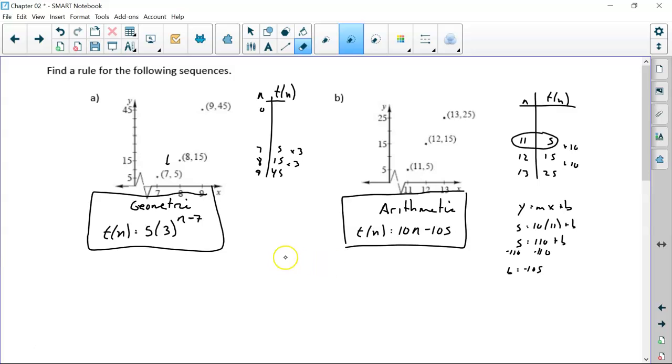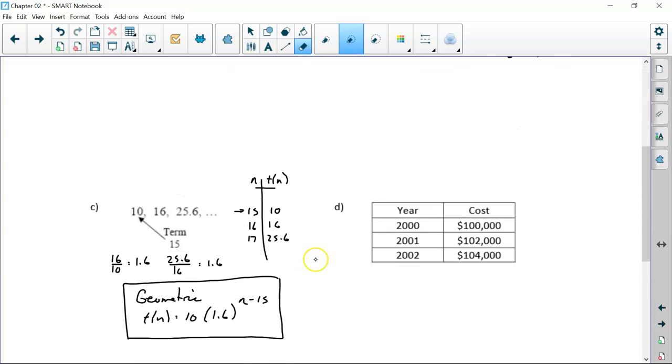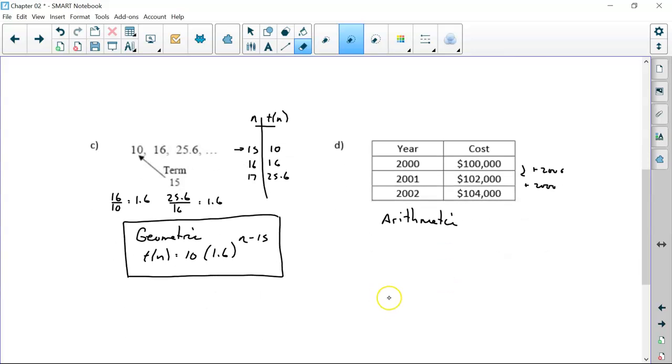And then finally, part D. You can see what we're doing is we're increasing by 2,000 each time. So this is arithmetic. What we need to do is find out what our starting point would be, year 0. There's a couple different ways we could do this.